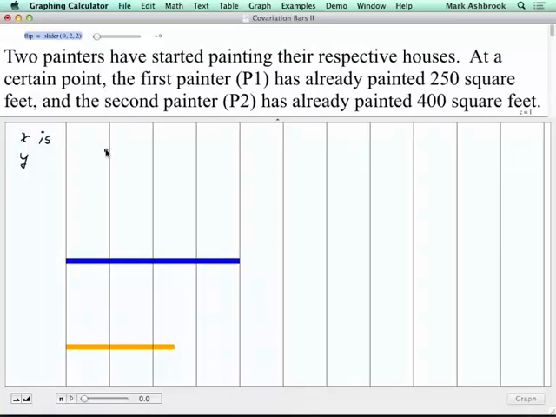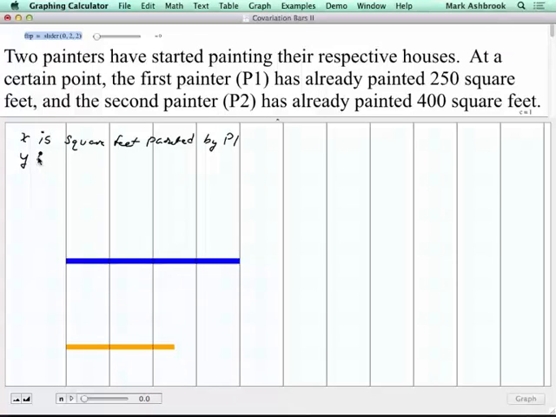Is that constant or varying? Right. Okay, so x is square feet painted by P1, just to save space here. Or the area painted by painter 1 in square feet. That'd be fine too.